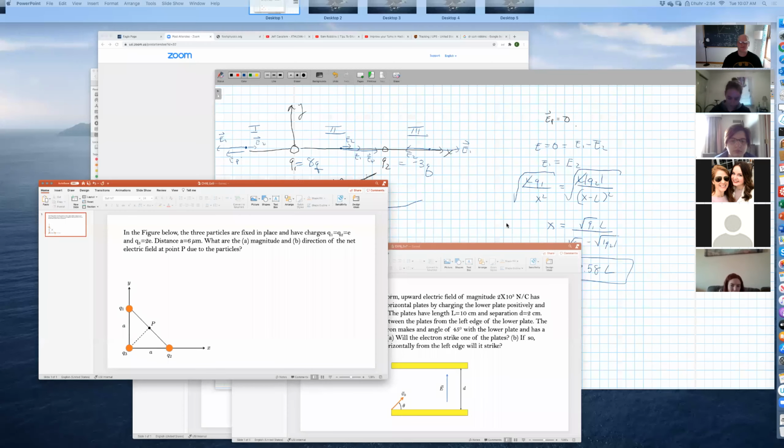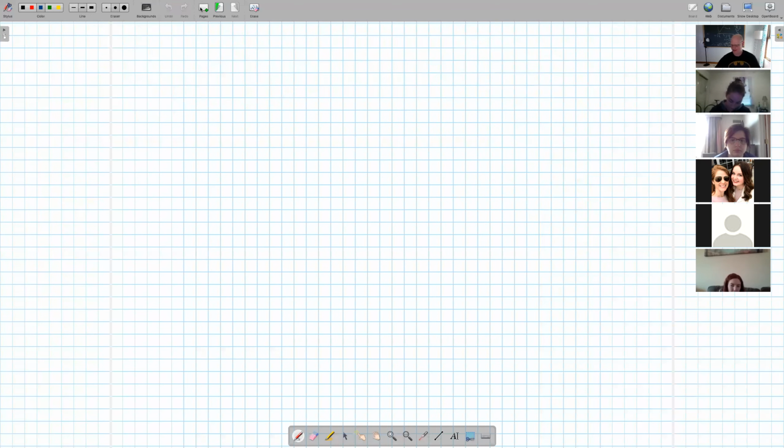So let's draw. All right. So here is my y-axis. Here's my x-axis. So y and x. So what it tells me is at the origin here, this is then Q3, where Q3 has twice of e, and then some distance along the y-axis, where it's a distance of A, Q1 has a charge of e, and then the same distance along the x-axis is Q2, which also has a charge of e.